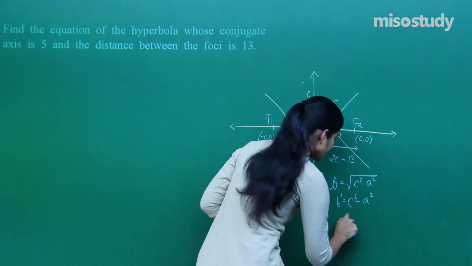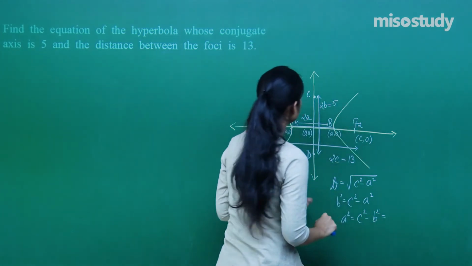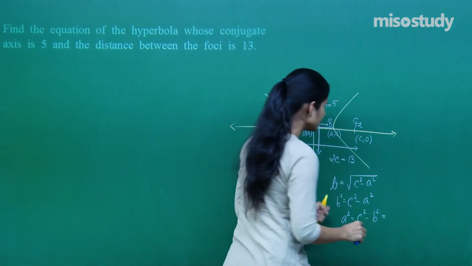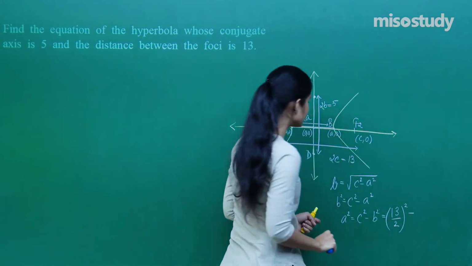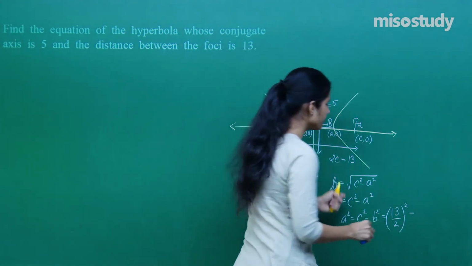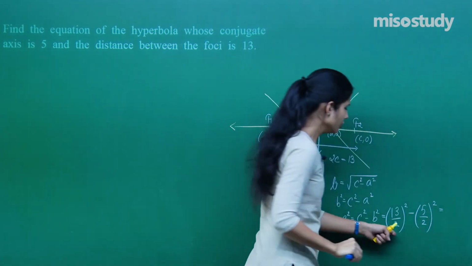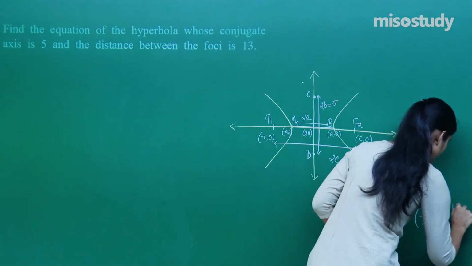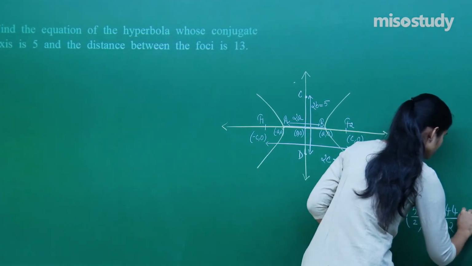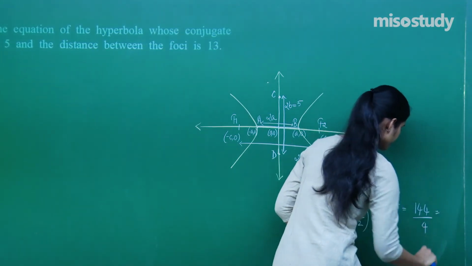What is A? A square is C square minus B square. C square, C is 13 by 2, minus B square, B is 5 by 2. So this is 169 minus 25, that is 144 by 4. Isn't it?